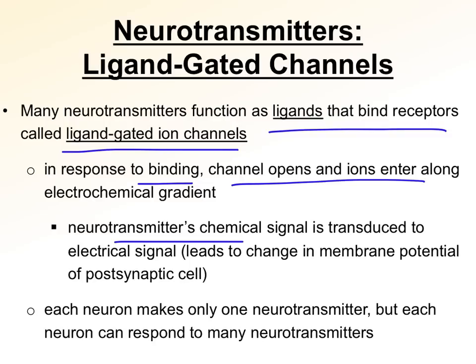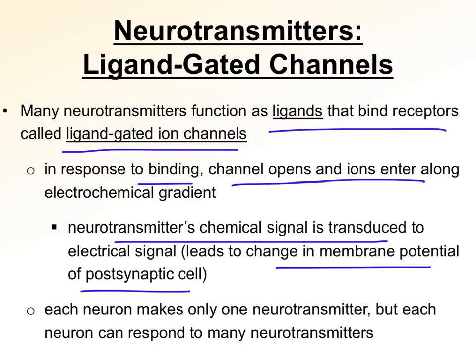The neurotransmitter's chemical signal is then transduced to an electrical signal. So you have a neurotransmitter that binds to a channel, let's say in this case, and then causes an ion to move, and that ion movement leads to a change in membrane potential in the postsynaptic cell. Every neuron makes only one type of neurotransmitter. So all your neurons are types of neurons that make given types of neurotransmitters.